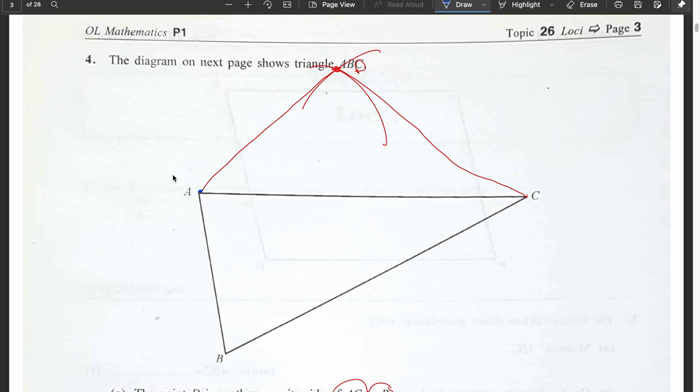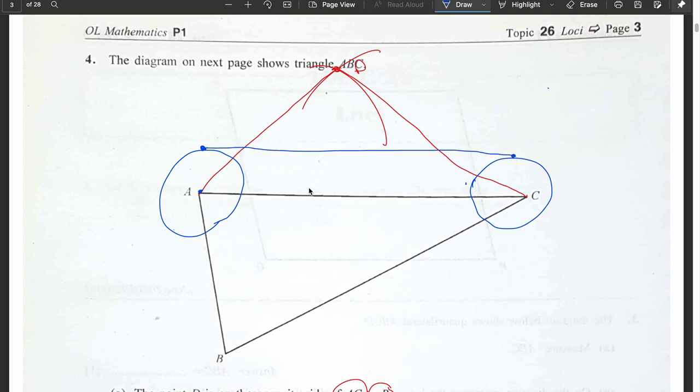So at A, I am drawing this arc of 2.5 centimeters, and at C again 2.5 centimeters. Place your compass so it touches these 2 points and draw the line. So this line is actually now 2.5 centimeters away from AC and parallel to it on both sides. This is again 2.5 centimeters.